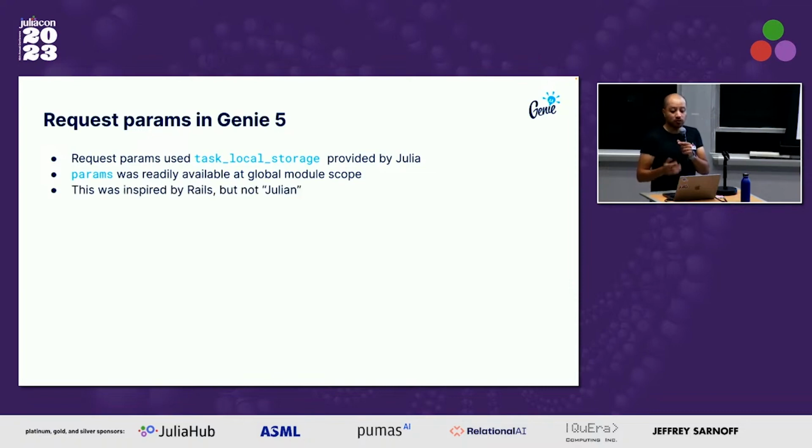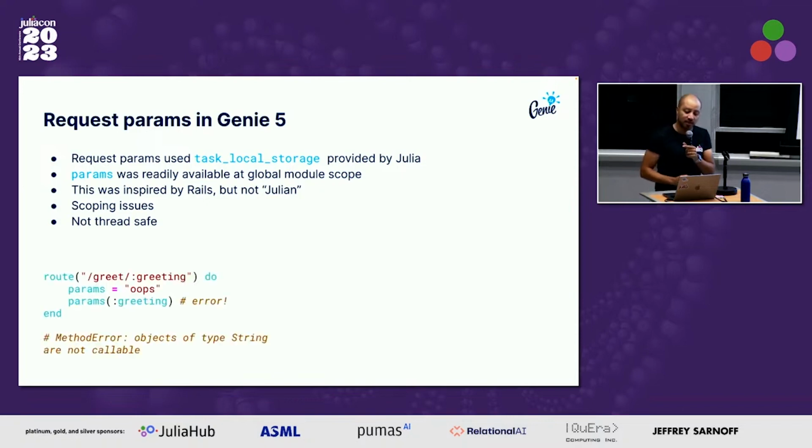This design was inspired by Rails, and it's not very Julian, since the direction Julia has taken is that it relies less on global variables and proposes more of a functional style. And this design can introduce some scoping issues, and also the params call in Genie 5 is not thread safe.